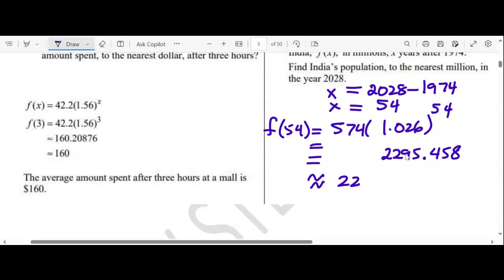The 9 turns to be what, plus one, right? So 2 3 how much? 2300, like this, right? Because the 4 keeps the 5 the same. If the 4 is 5 then this becomes 6. Okay, this is what's in millions, right?